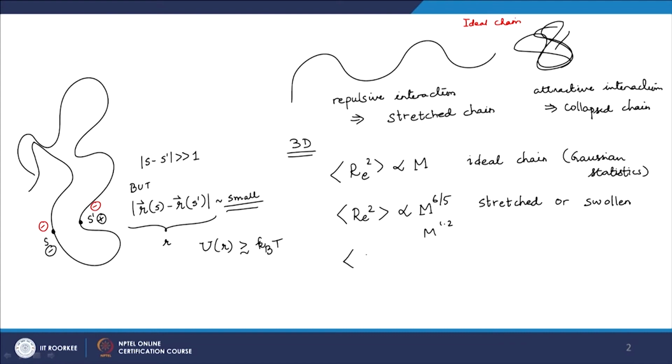And then M to the power 2/3, or M to the power 0.67 roughly, is for a collapsed chain. Okay. So, with this background, we will actually discuss some models that predict this kind of scaling laws.